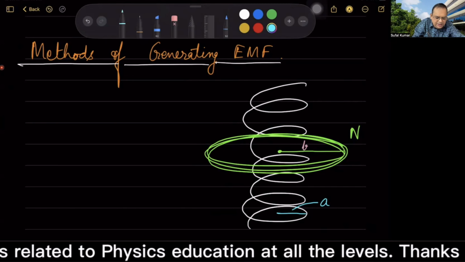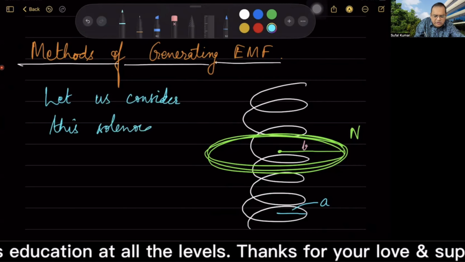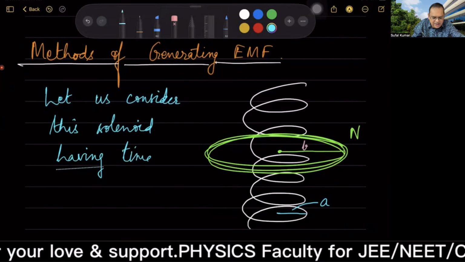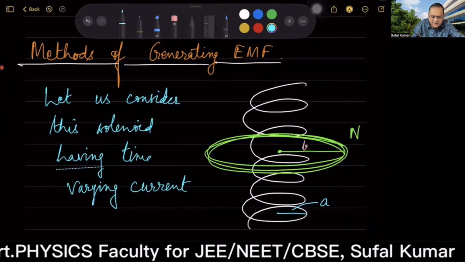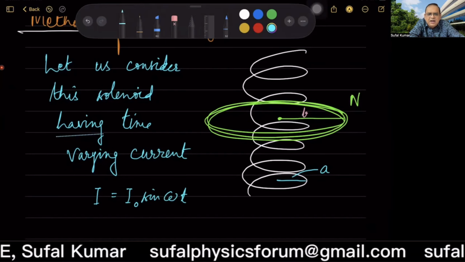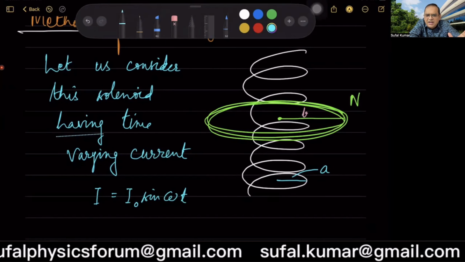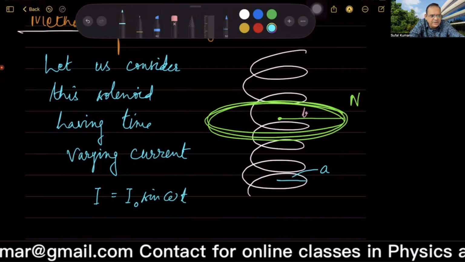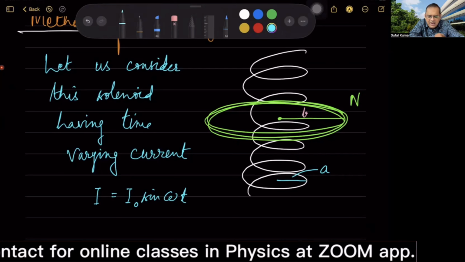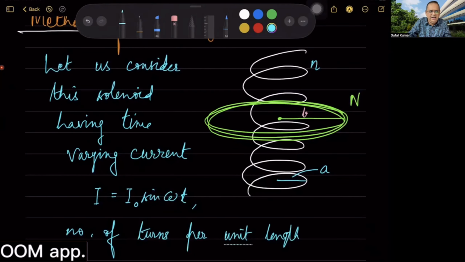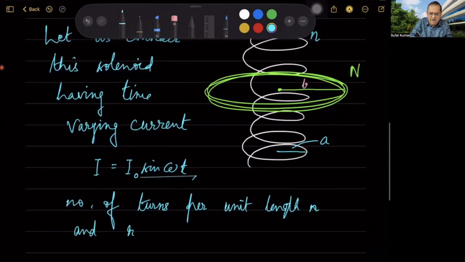Let us consider this solenoid having a time varying current, I equal to I naught sine omega t. Time varying means the current is varying with respect to time. Number of turns per unit length n, and radius a.